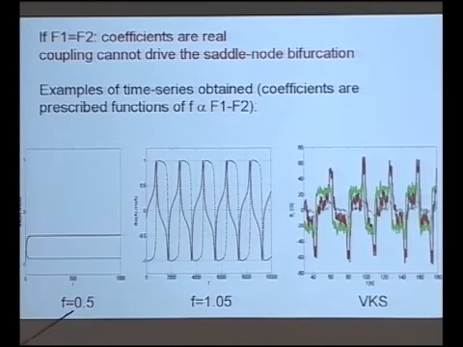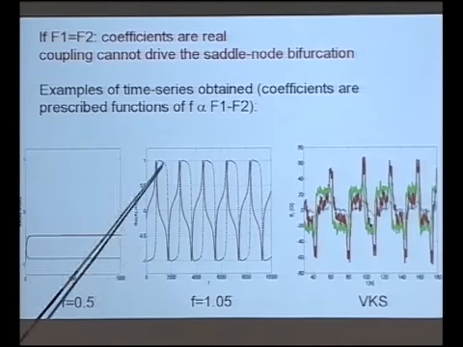Okay, so let's compare this bifurcation with what is observed in the VKS experiment. What I can do is prescribe the dependence of the different coefficients of my normal form, that is, how they depend on the difference of velocity between the two disks. That's something I can choose.